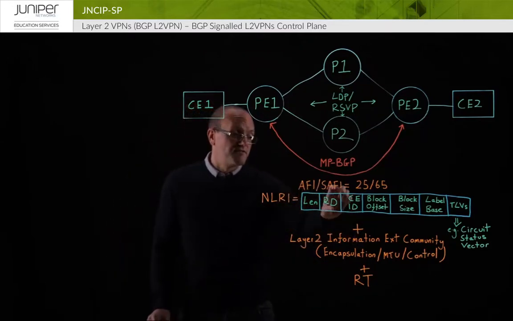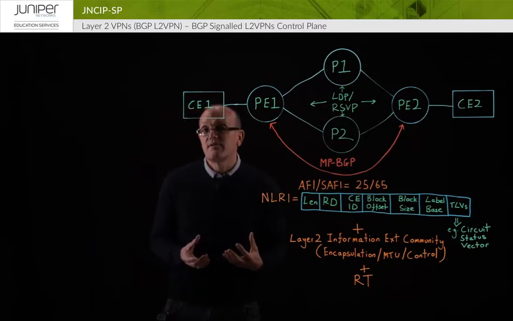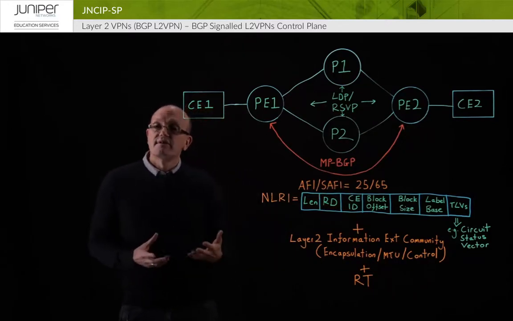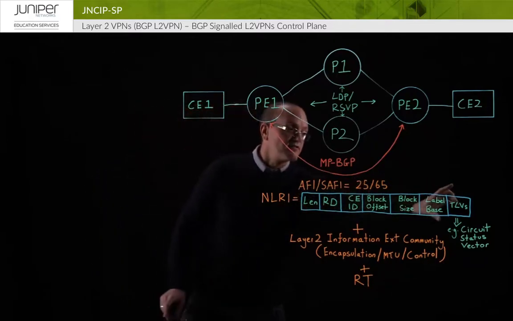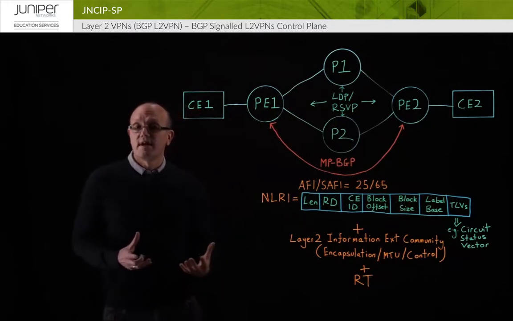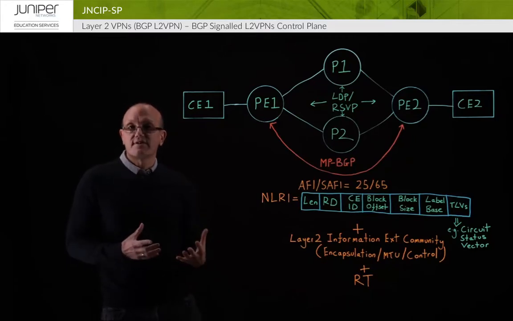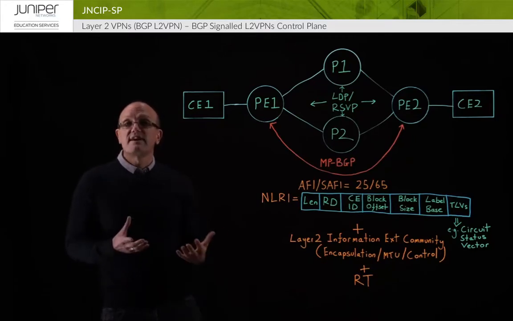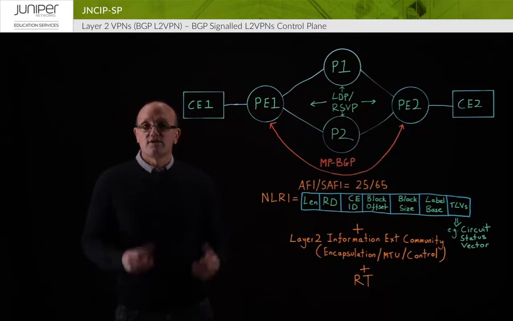We then have the route distinguisher. The route distinguisher is providing exactly the same functionality as we have with Layer 3 VPNs. It's making the identifiers that we have contained within it unique to a given private network. This means that we can support many different customers, and we can provide these many different customers with many virtual circuits.